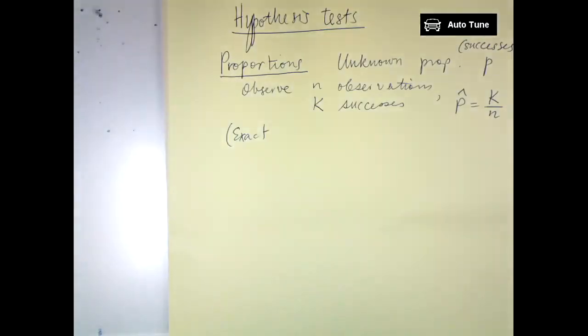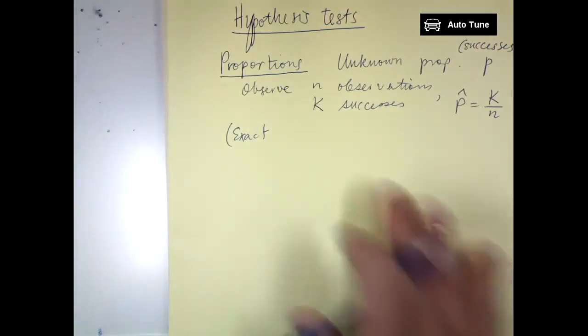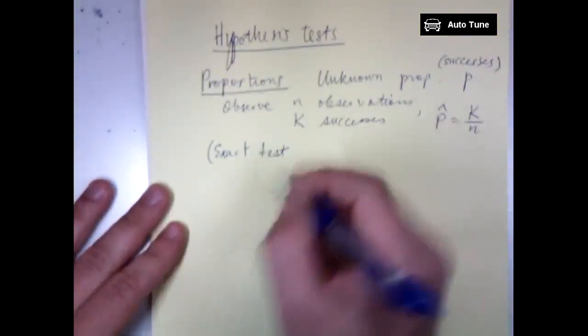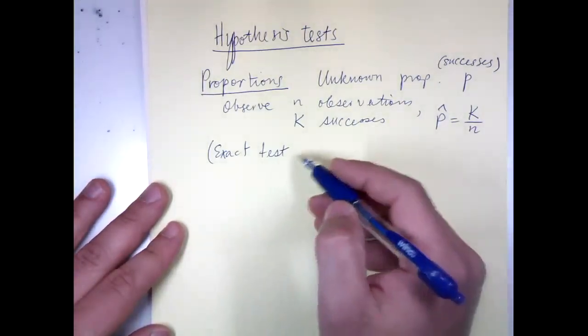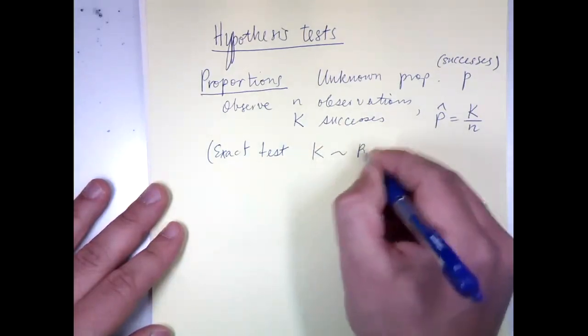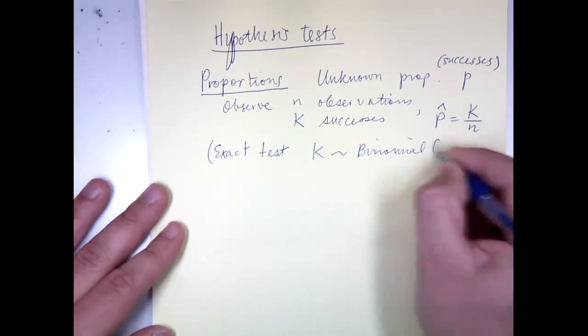The exact test, which is the first one, would be to say that you simply have k is exactly binomial(n, p).